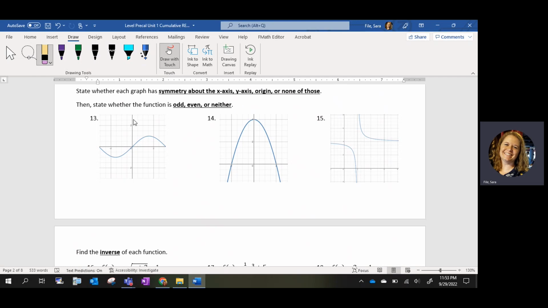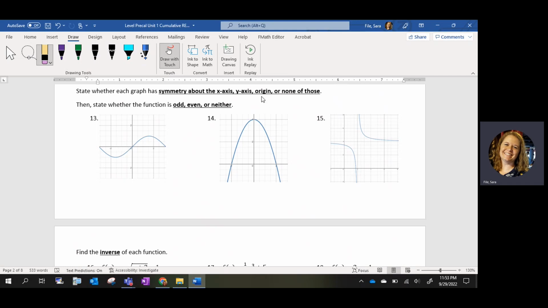Okay, so for this number 13, if I were to fold this over the y-axis, is there a point up here that would be mirrored over here, and there's not? Okay, what about if I were to reflect it over, or fold it over the x-axis? And there's not a point that lines up that they would align. Okay, so this doesn't have any line symmetry.